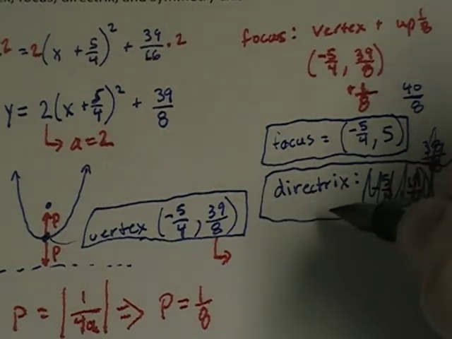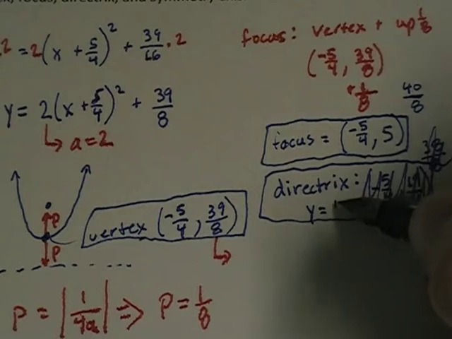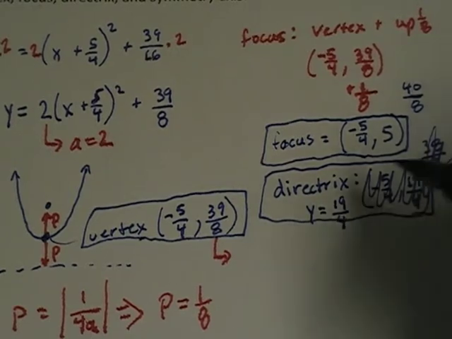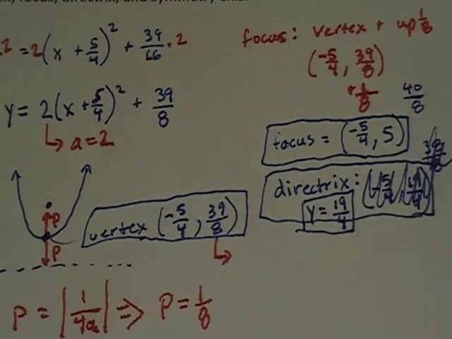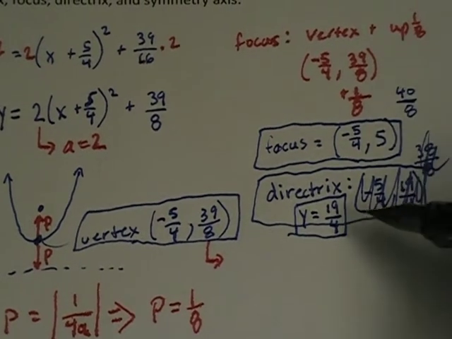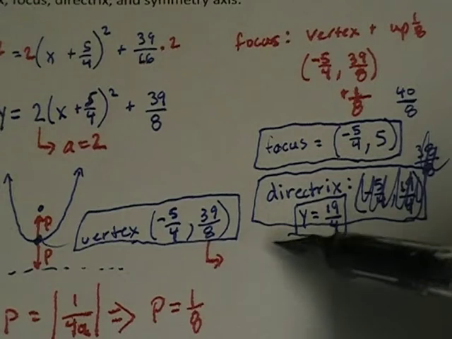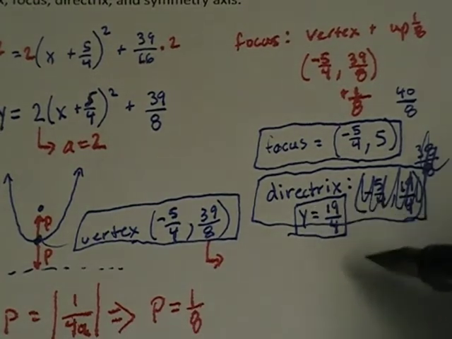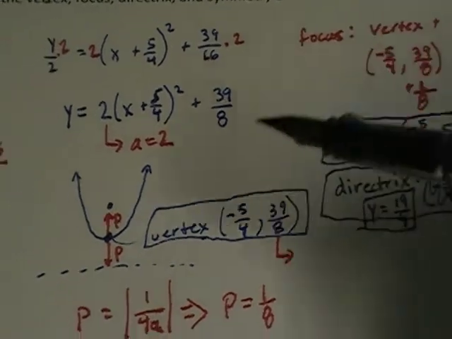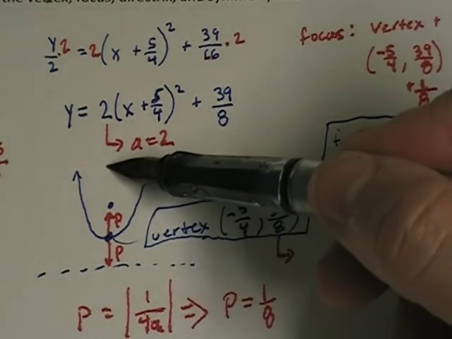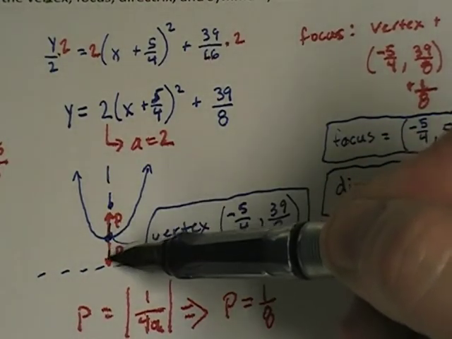And so I need to write that as a horizontal line, which is y equals 19/4. That's what happens when you make videos late at night. You forget simple things. The directrix is a horizontal line, so we have to write the equation of a horizontal line. Y equals 19/4.